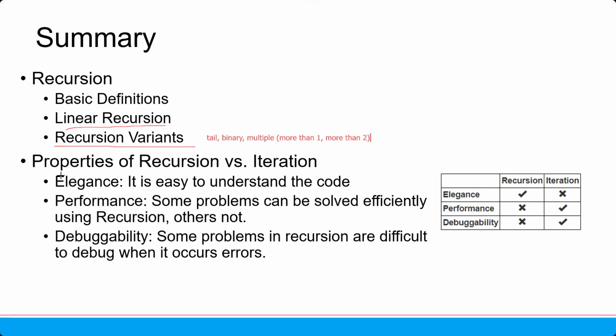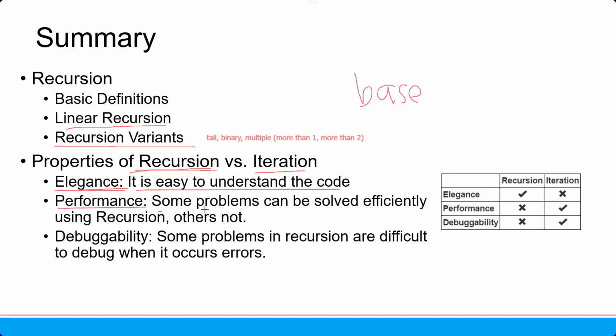So iteration and recursion, basically they are the same thing. But people say that using recursion is elegant. Elegance means it is easy to understand the code. So you know the base case, and we can easily know when the algorithm stops. Then the performance.